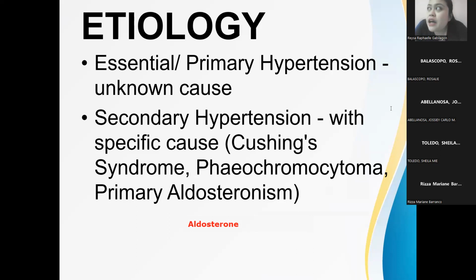Okay, si adrenal medulla pa rin ang nagre-release ng ating aldosterone. And ano ba ang activity ng aldosterone? If you have a lot of aldosterone, its function is for the retention of salt and water in the body. That's the activity of our aldosterone.